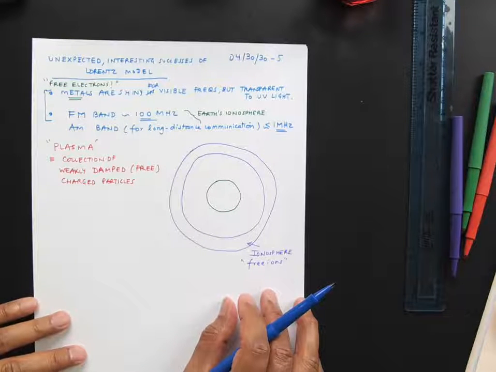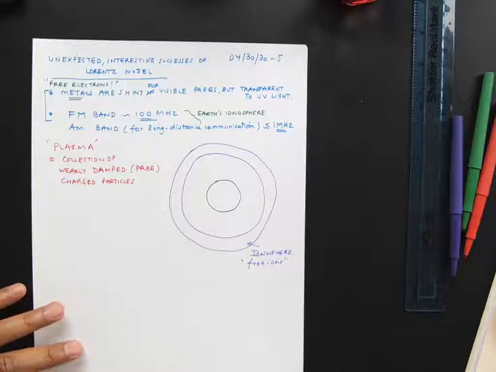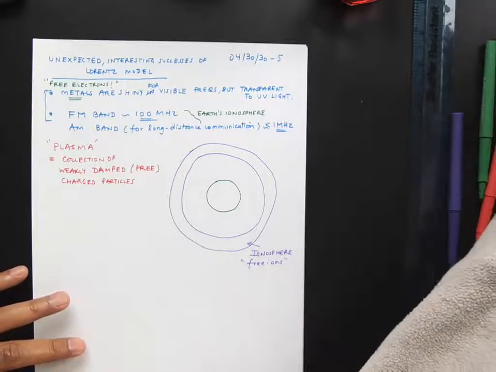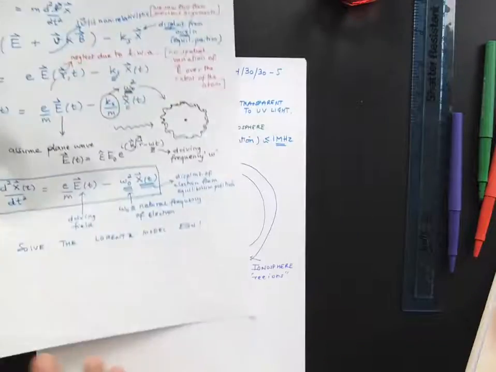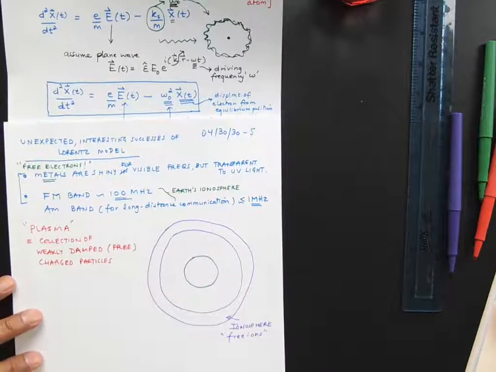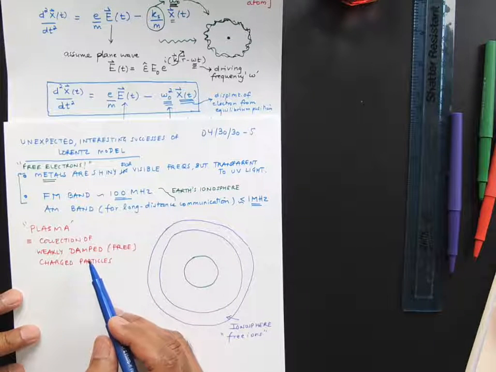So the first thing is that if you look at the original Lorentz model equation, which is right here, the first thing that happens is that they're free. So they're not really bound.